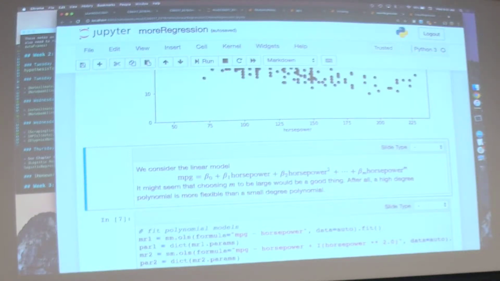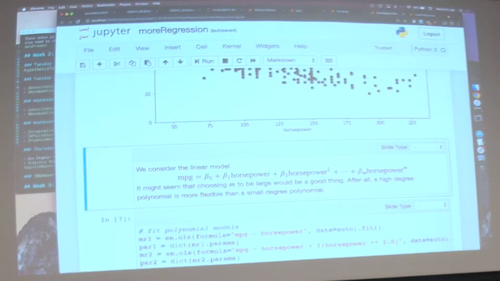So if I add a term, things could absolutely never get worse. If I add a term and that term is not helpful, then the coefficient will just be 0, and I'll get the same thing I had before. There's no way I could ever get worse by adding terms. And in general, I will get a little bit better each time. But there's diminishing returns. As I add 2 terms, maybe things get a lot better, and then after that, it really plateaus.